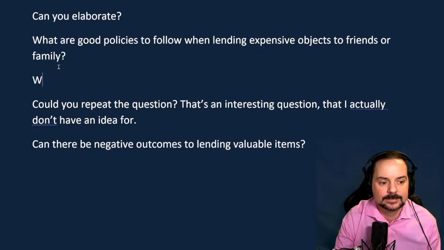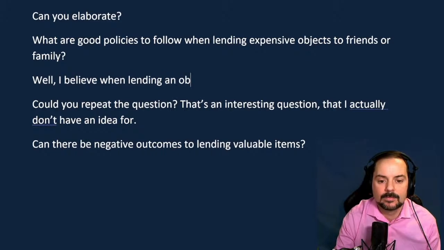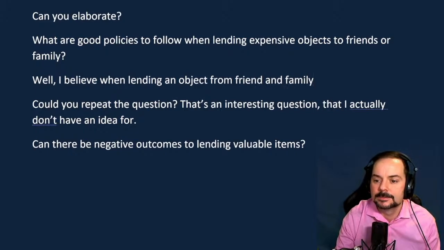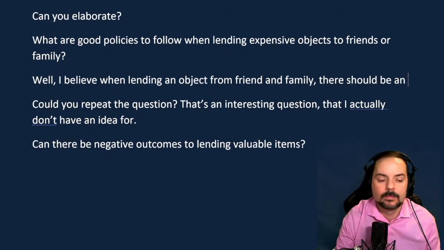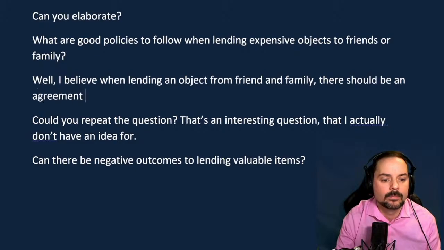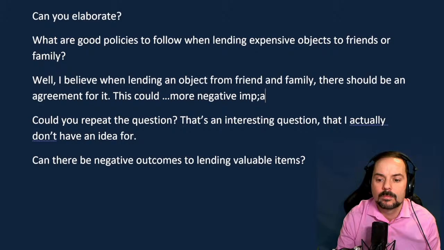Well, I believe when lending an object from friend and family, there should be agreement before it. This can give more negative impact when the agreement will not be satisfied.